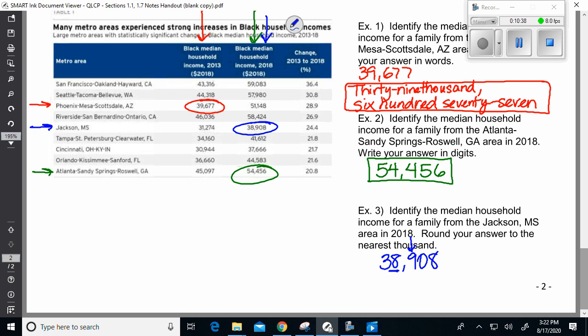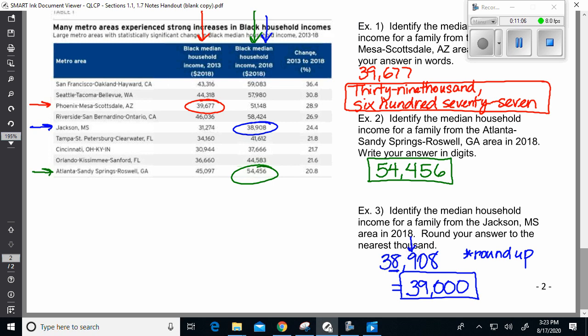We look at the 9 behind it. 9 triggers rounding up, so this is a rounding up moment to 39,000. So the median household income in Jackson, Mississippi in 2018 is about $39,000.